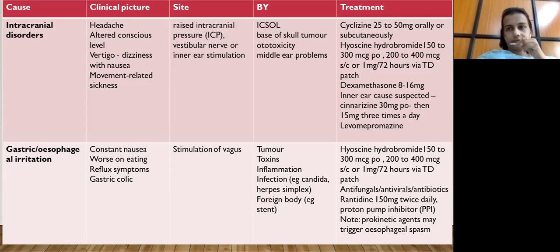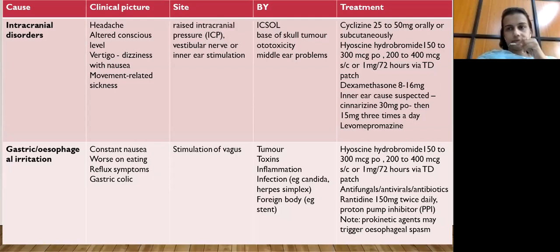And if you come to gastric irritation, like ulcers, patient can present with constant nausea, worse on eating, and they can also have reflex symptoms as well as colic. It's usually because of the stimulation of vagus. It can be tumor, toxins, inflammation, or infection, or a foreign body. Again, we can try hyoscine hydrobromide, either orally or subcut.